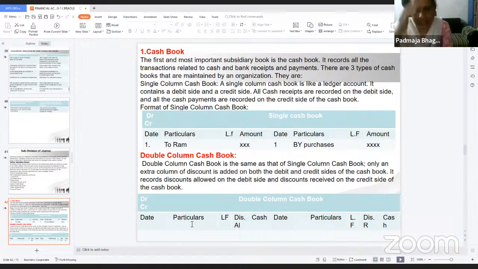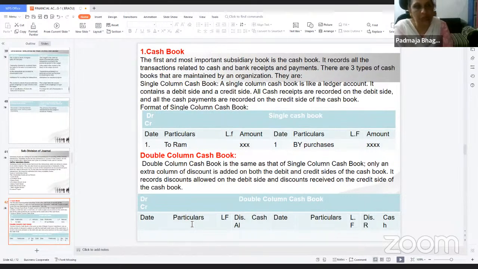The cash book records all the transactions related to cash and bank, that is receipts and payments. Whatever receipts you are getting, and whatever payments you are making, through cash or through bank, everything will be written in the cash book.